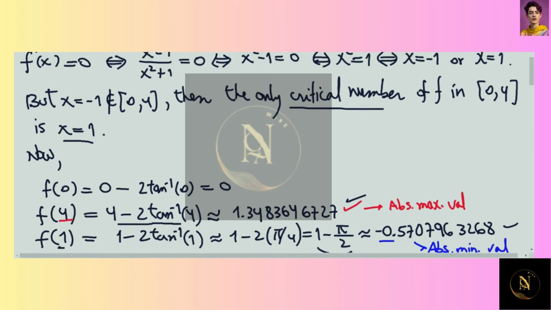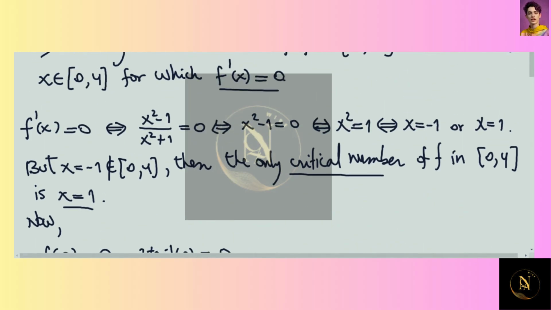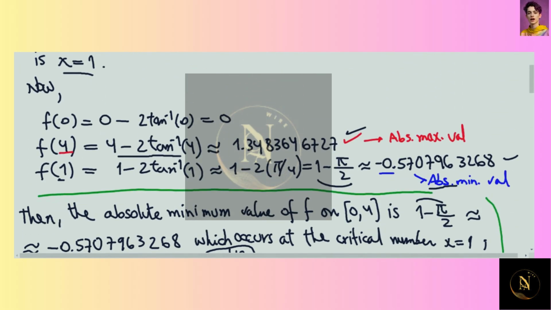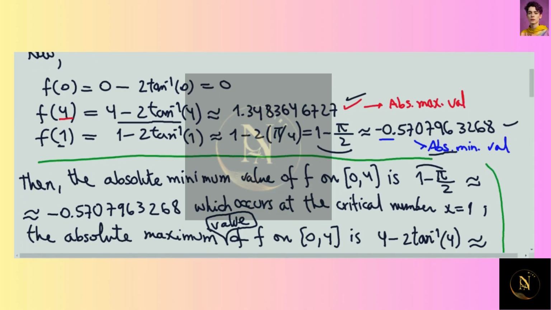So we have the critical number 1 and the endpoints 0 and 4, so we evaluated at those three points, and with that we found that the absolute maximum value of the function over the interval [0, 4], which corresponds to the largest of the three values calculated, is 4 minus 2 inverse tangent of 4, which is the value that occurs at x equals 4.